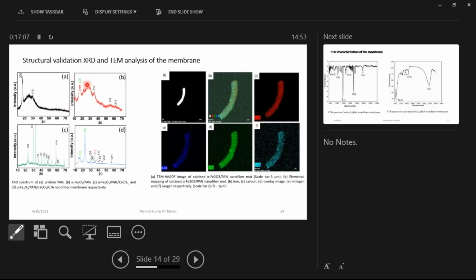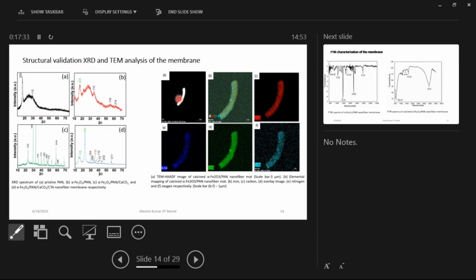Then for structural validation, we functionalized the membrane with different things. A is showing XRD for the pure PAN nanofiber, B is showing PAN plus alpha-Fe2O3, and C is showing PAN plus CaCO3, calcium carbonate. We have grown the crystals on the nanofiber film, and in D we coated it with cellulose triacetate.